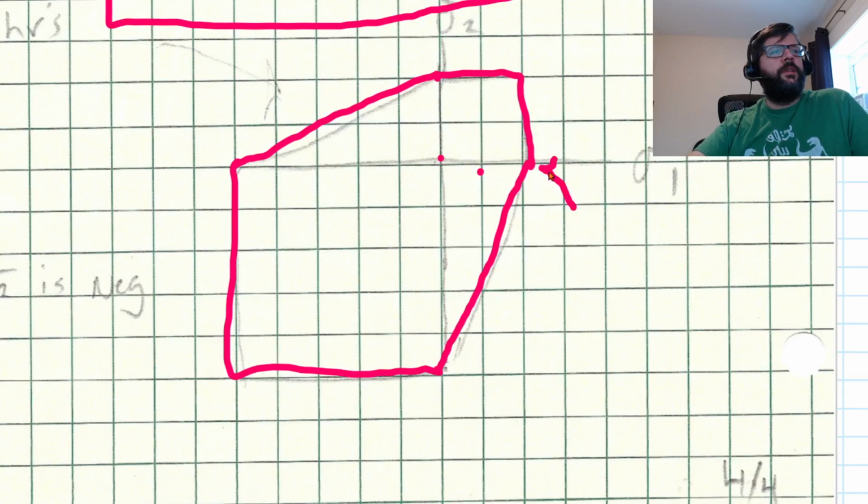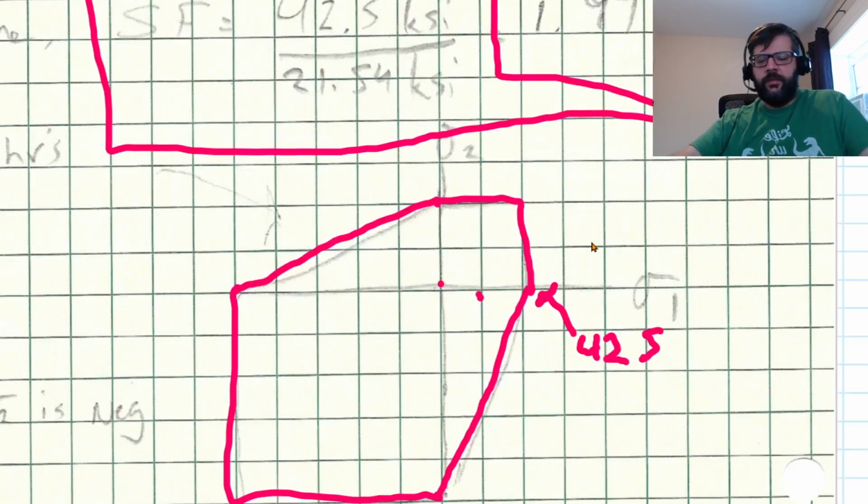Because if this is 42.5, and this here is negative 140, our principal stresses are at 21.5 and negative 3.1.